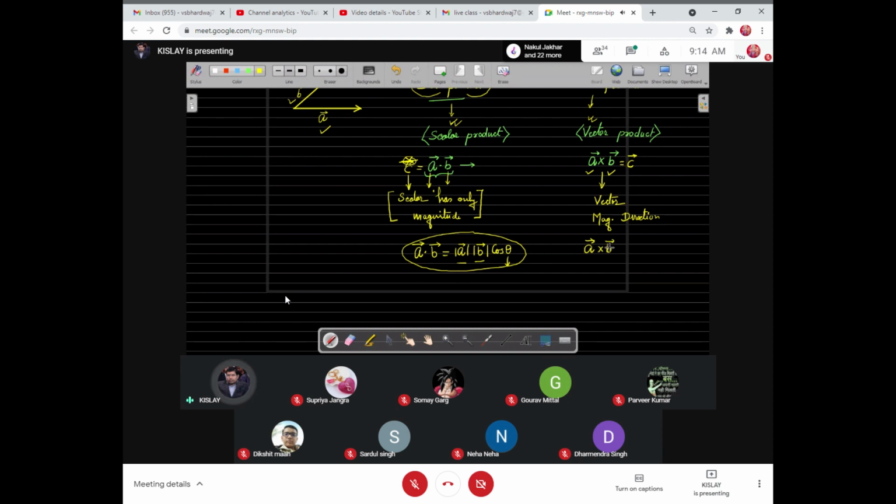But for the cross product A cross B, it is a vector, so we must put magnitude, and this is equal to magnitude of vector A, magnitude of vector B, and the sine of the angle between the vectors.